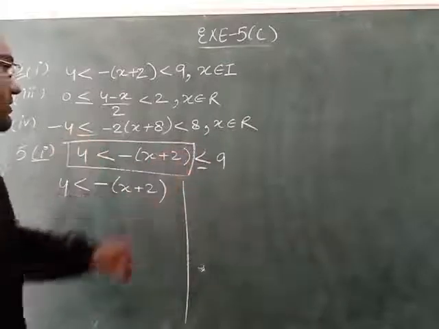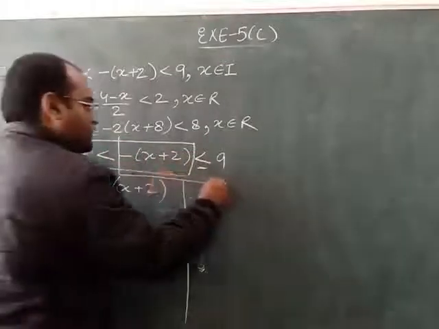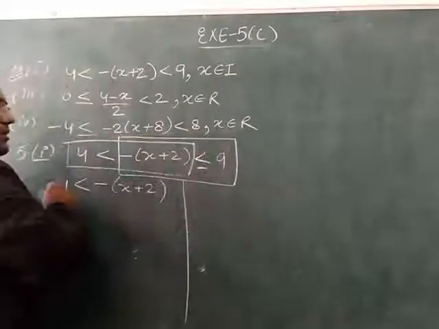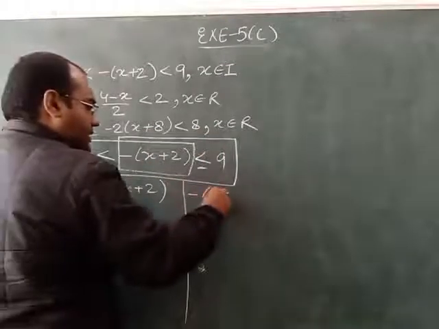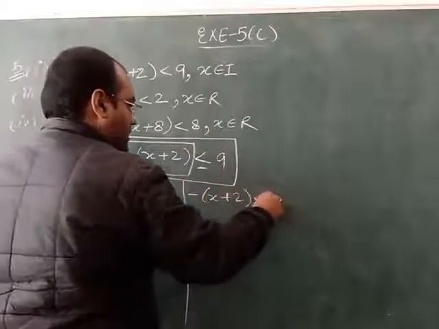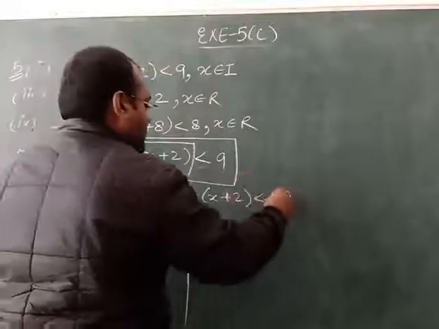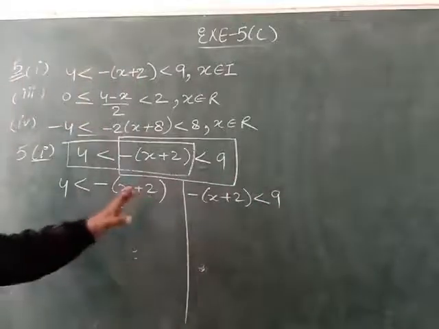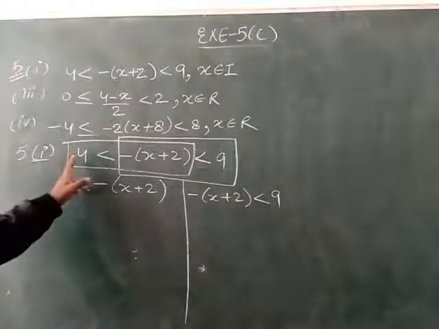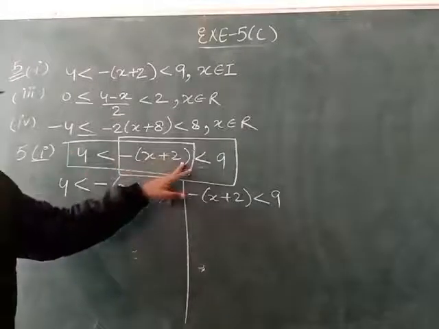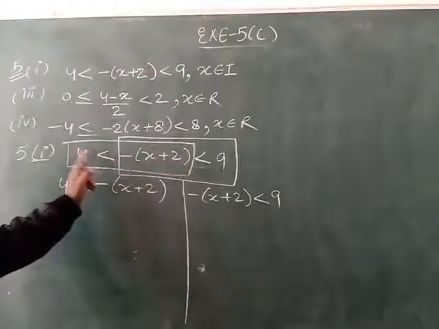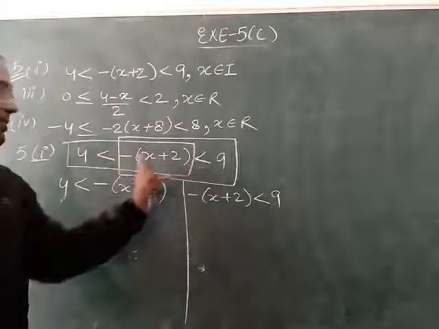Now we will solve this other part, minus bracket x plus 2 less than 9. Separately we will solve them, first of all starting from here up to here.